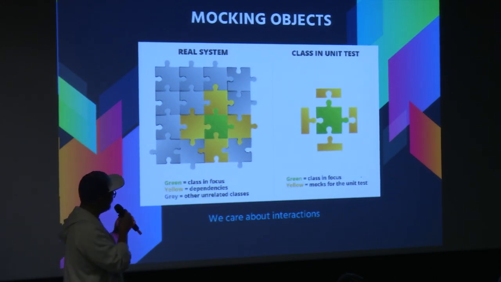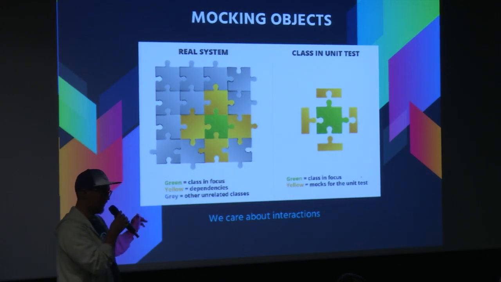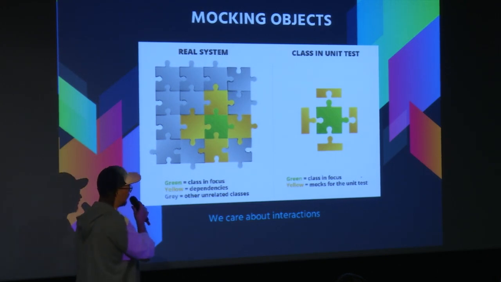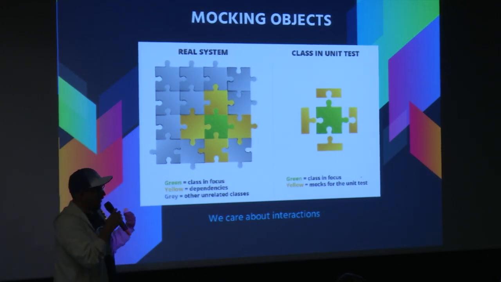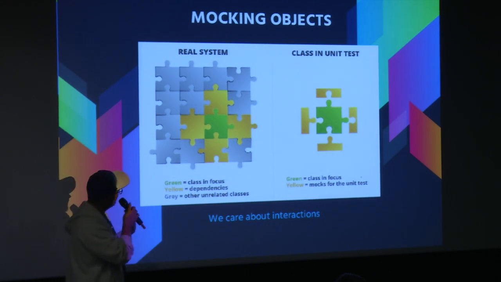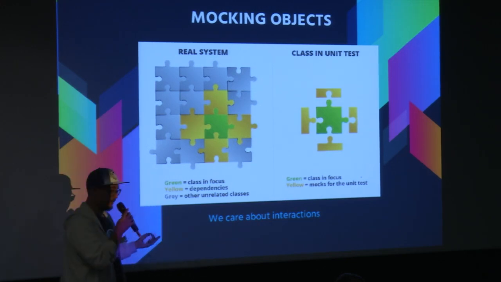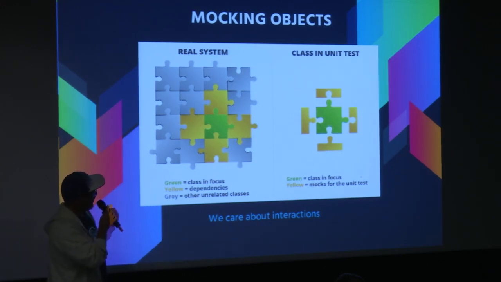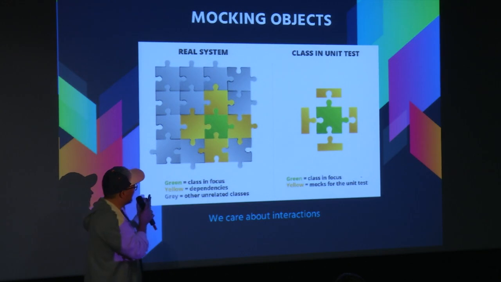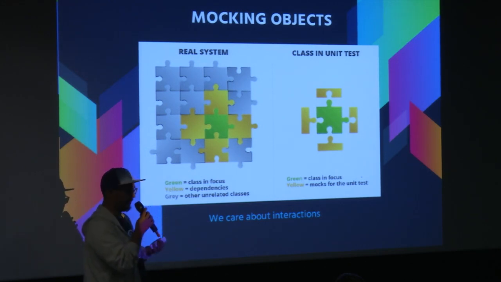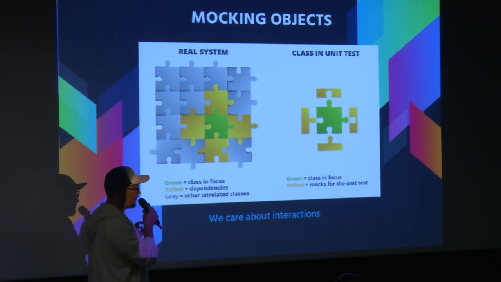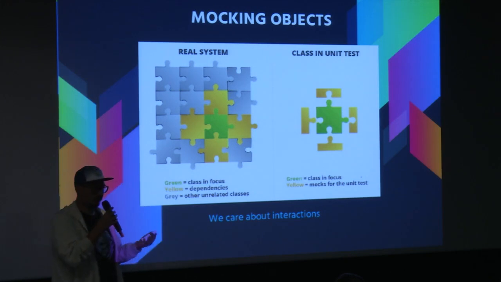And because we want to test only a unit of code, what we do is test the interaction between the different objects. And these different objects are the object we are testing and a mock, which is like a fake object that we don't really want to test.